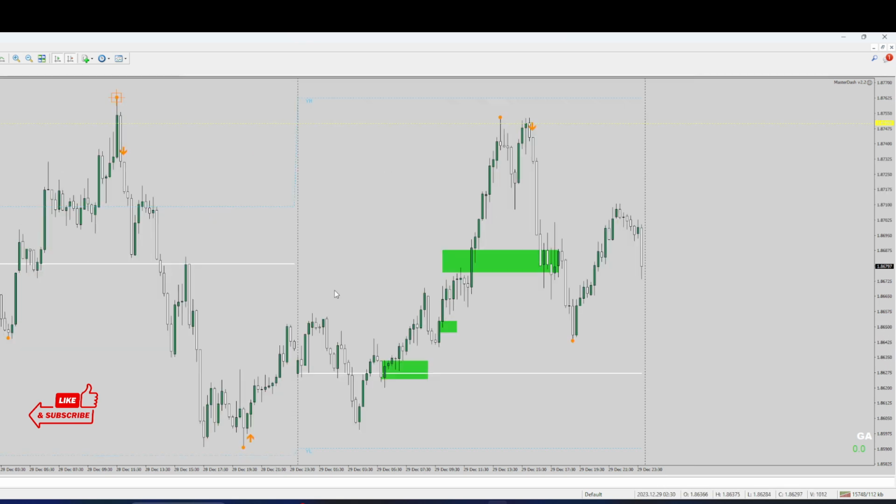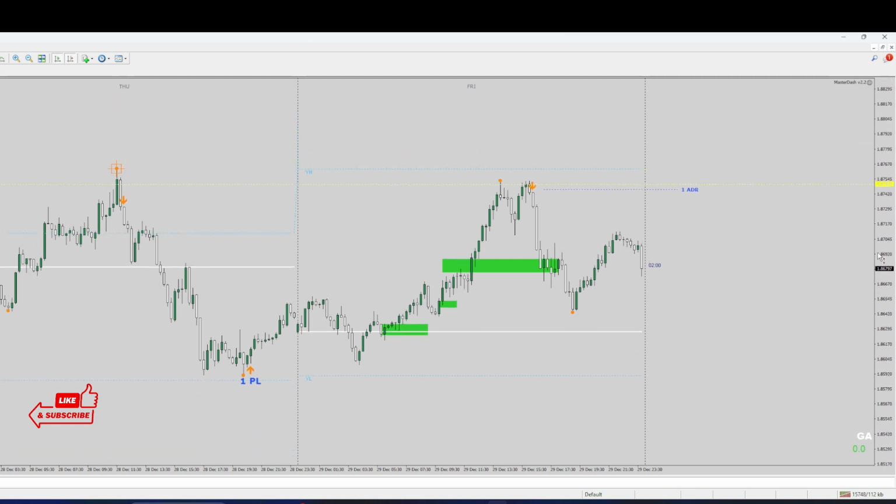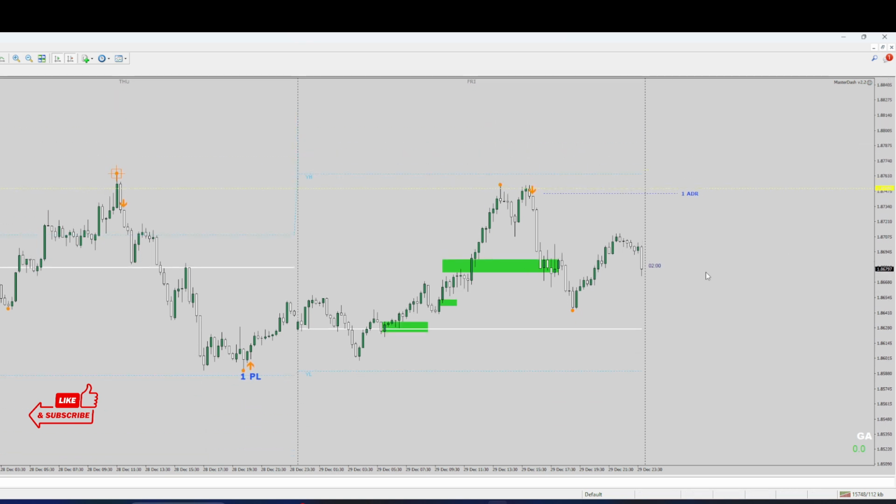So what is that telling us for day 3? Day 3, again, this setup played out in the earlier session, can't lie. So we just need to wait and see if price is going to give us a stop hunt low to break structure, or is it going to completely fail, and then this turns out to be a peak?